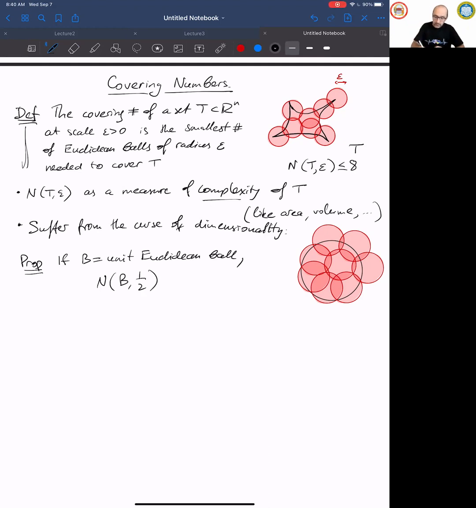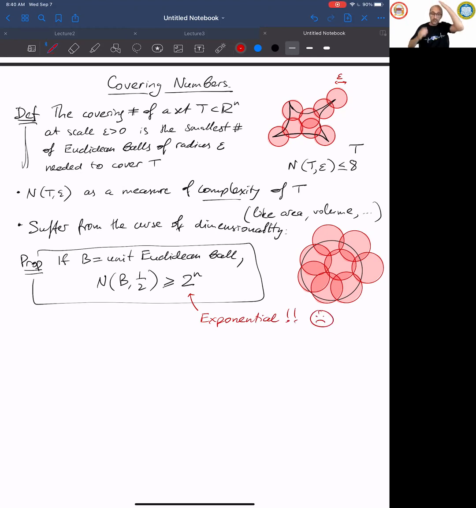It's how many balls I need. Unfortunately, you need at least 2 to the n balls. So this is exponential. Exponential, not good. We don't like that.